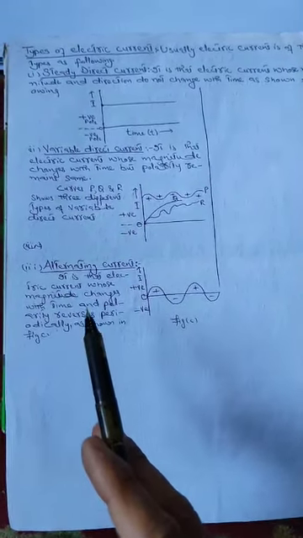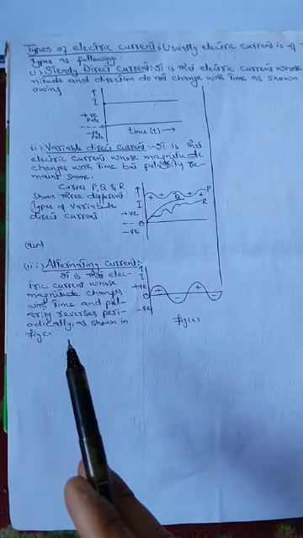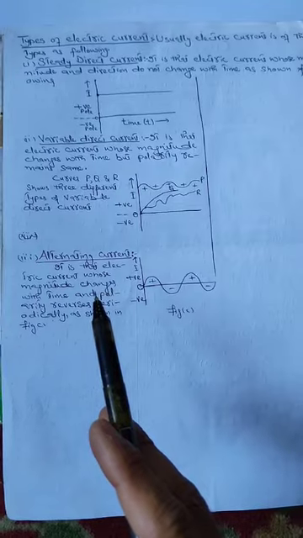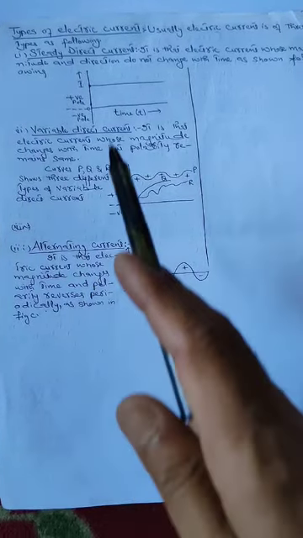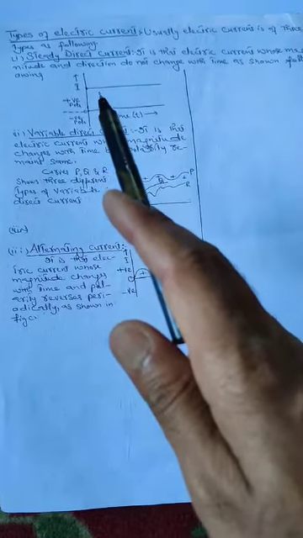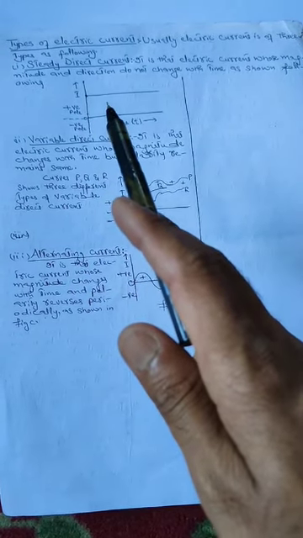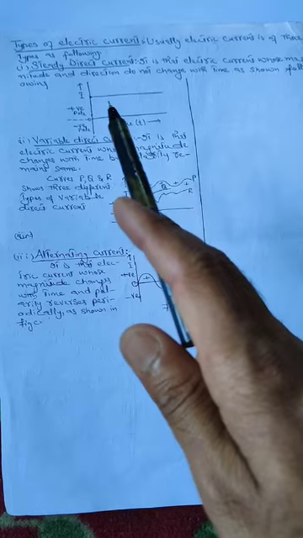Let me explain with some examples. An example of alternating current is hydroelectricity, which we use in our houses. And this is a steady direct current, which is obtained from a dry cell.